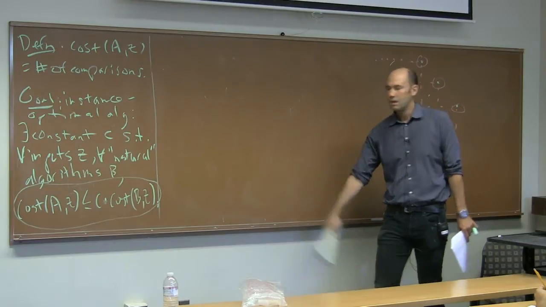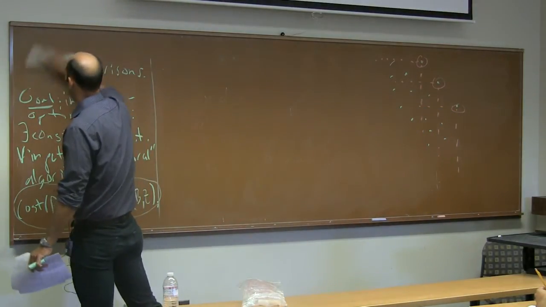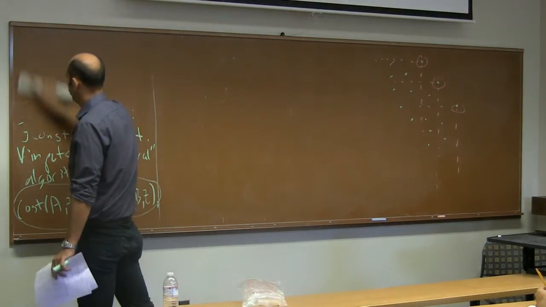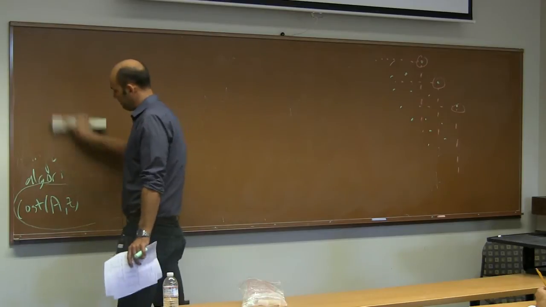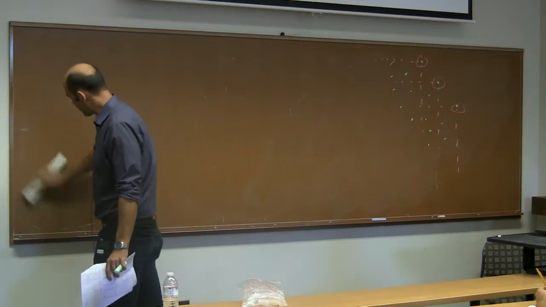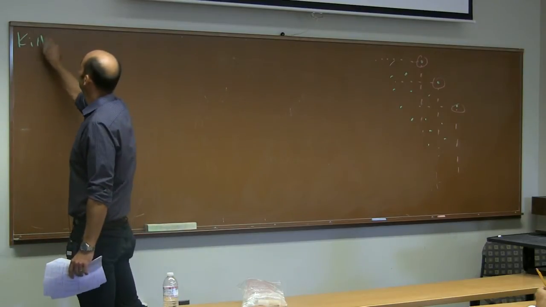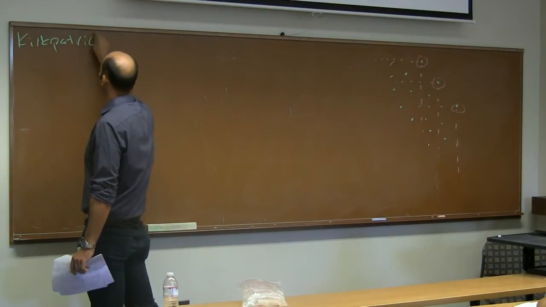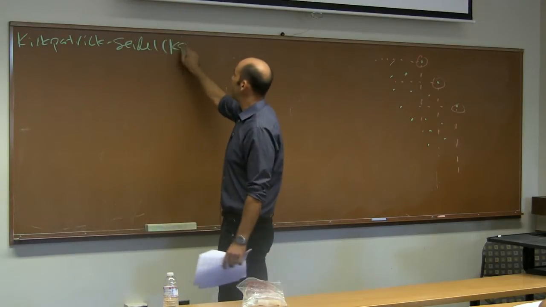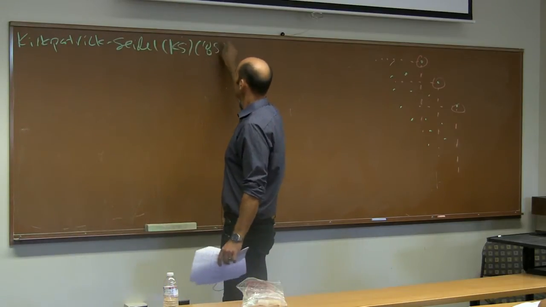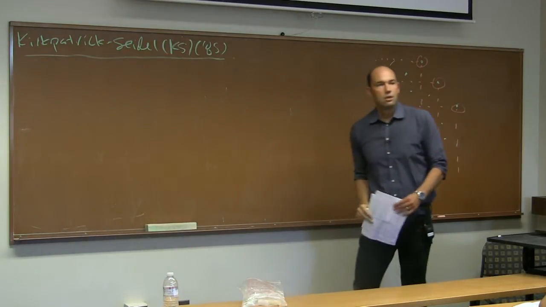All right. So let me tell you about the algorithm that actually will achieve this guarantee. It's a divide and conquer algorithm, very elegant, by Kirkpatrick and Seidel from 1985. So we'll just call this the KS algorithm. So we're given a point set.